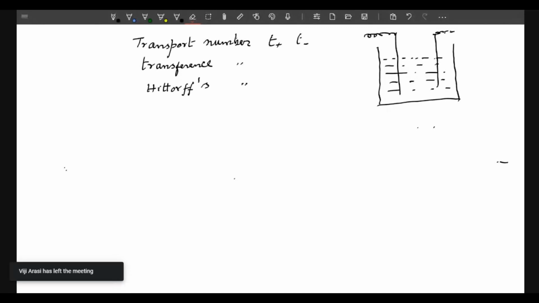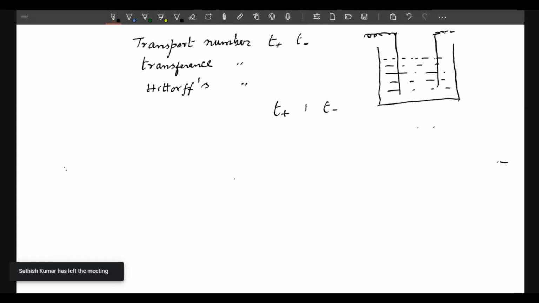That fraction of the current conducted by the cation is called the transference number of the cation, and the fraction of the current conducted by the anion is called the transference number of the anion.